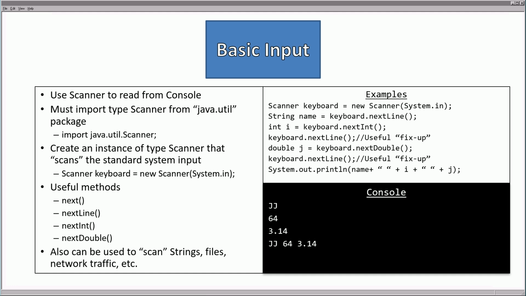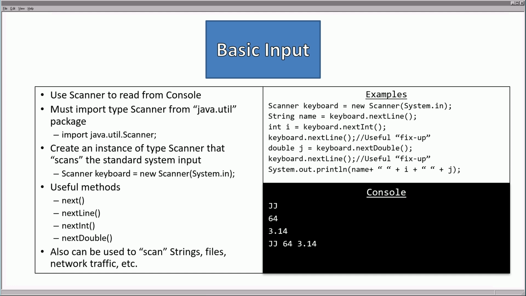For instance, the method next returns a string that goes all the way up until it reaches some kind of space or even newline. nextLine reads all of the input until it gets to a newline. nextInt looks for the first integer value, and nextDouble looks for the first double value. Scanners are not just useful for reading the console. You can use a scanner to scan through strings, files, network traffic, all that kind of stuff.